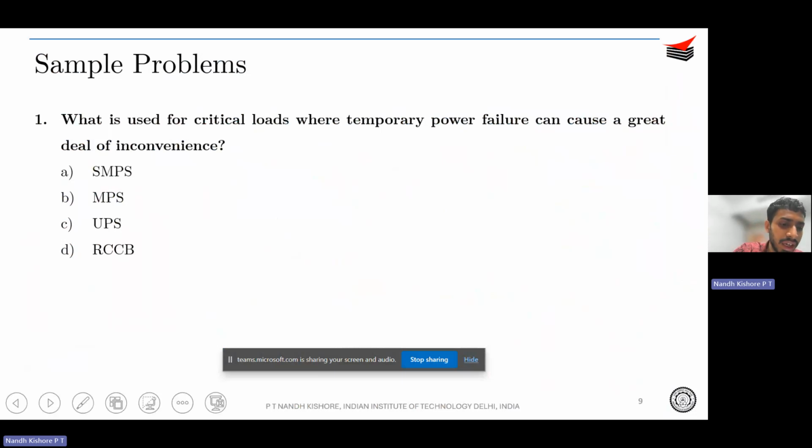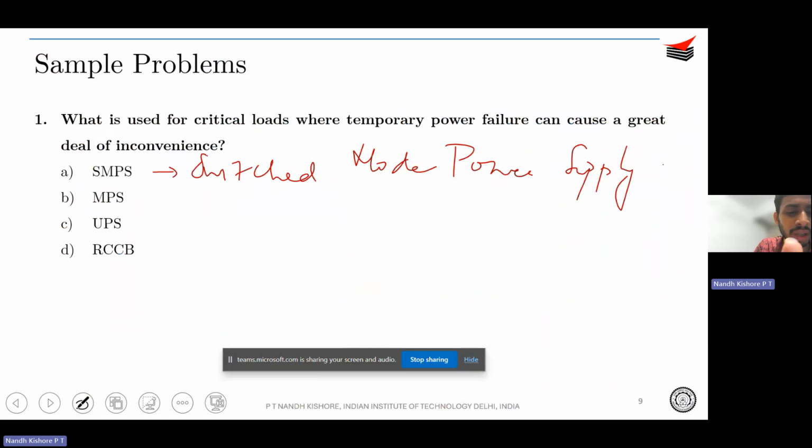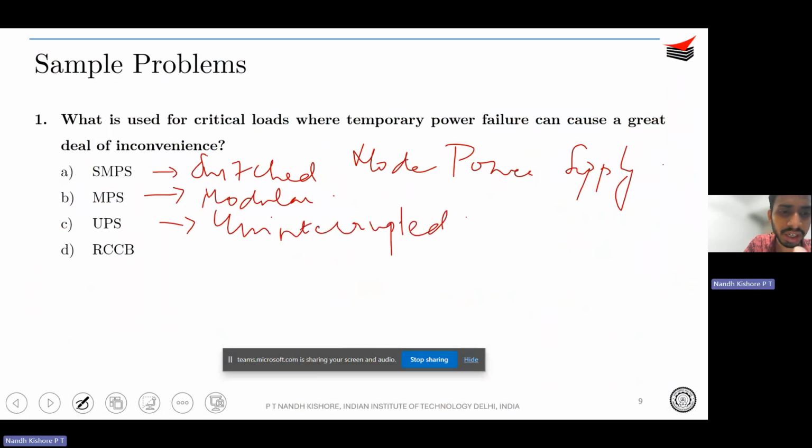Okay. So you might know of all of this stuff. SMPS is your switch mode power supply. MPS is modular power supplies. UPS is your uninterrupted power supply, right?